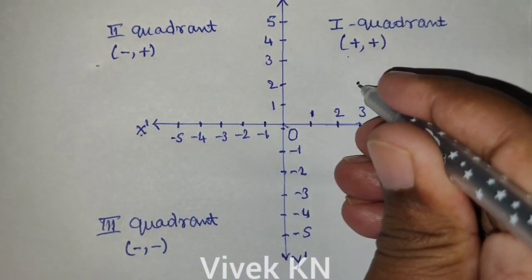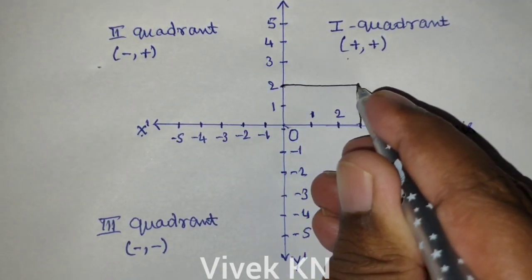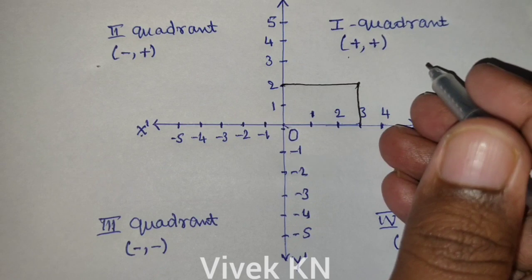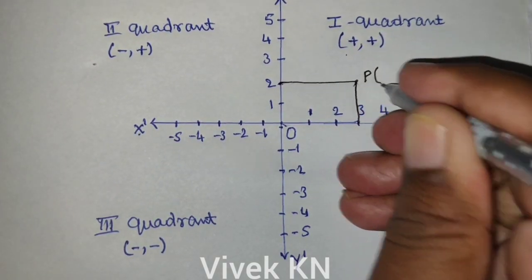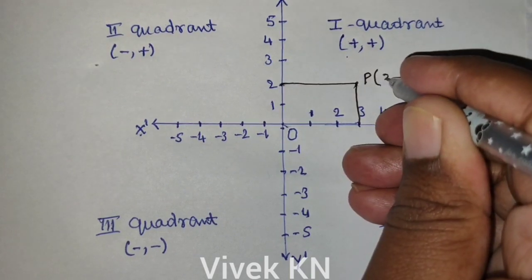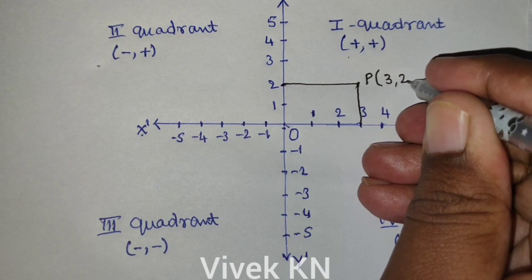So its location will be given accordingly: on the x-axis it possesses 3 and on the y-axis 2.